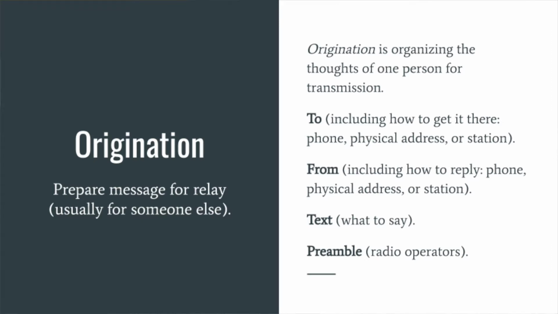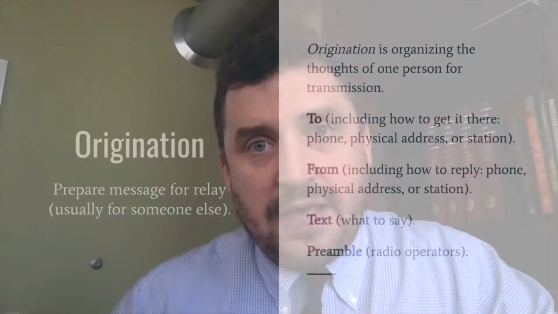What is the name of the person? How does the person get identified when signing the message? We have the text of the message. What is the message actually going to say? What does the recipient need to know? Then we have the preamble. This actually goes up top, and this is the information necessary for radio operators to move the message effectively.